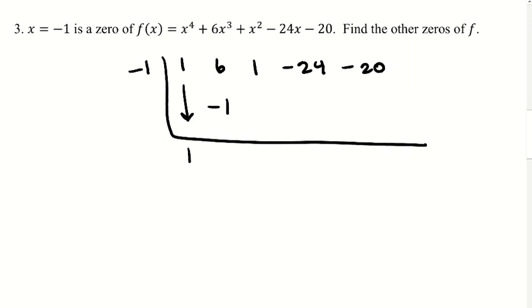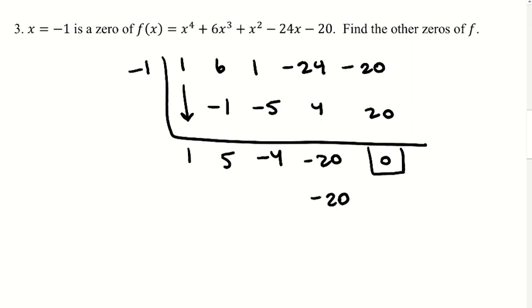I'm running it through synthetic division, and I've got myself a quotient. So what I've got left is -20, -4x, positive 5x squared, and positive 1x to the third.